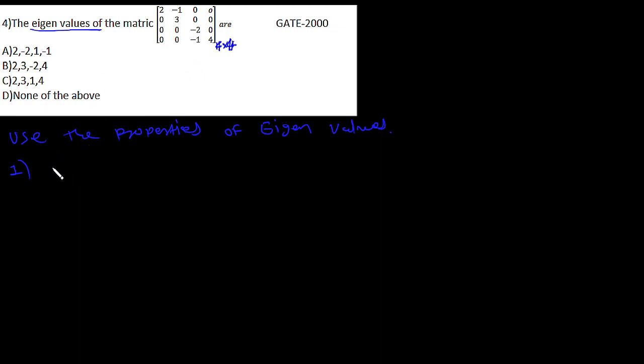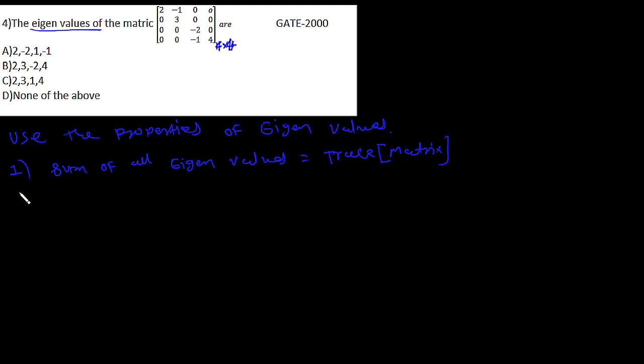Okay, so let's write the first property. It says that the sum of all eigenvalues is equal to the trace of this matrix.